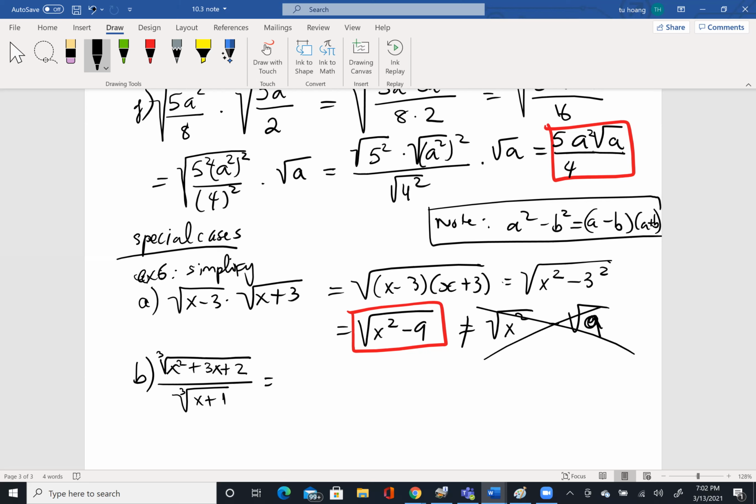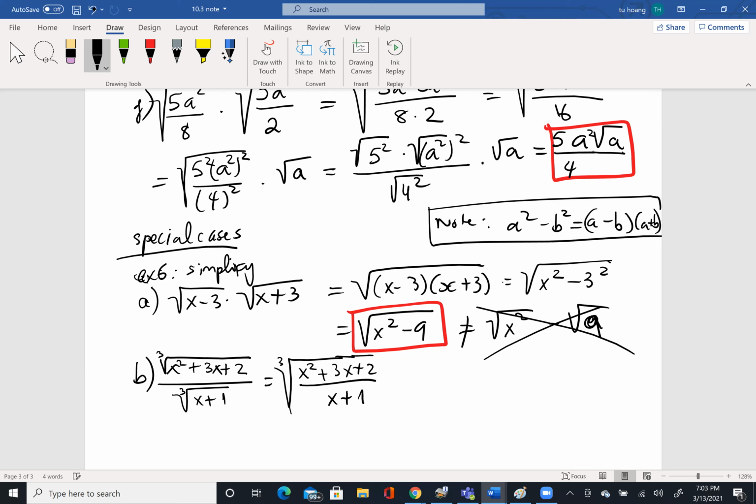So again, this is a quotient radical, right? So you need to apply the quotient rule for the radical, by making a big cube root, and the top is x squared plus 3x plus 2 divided by x plus 1.